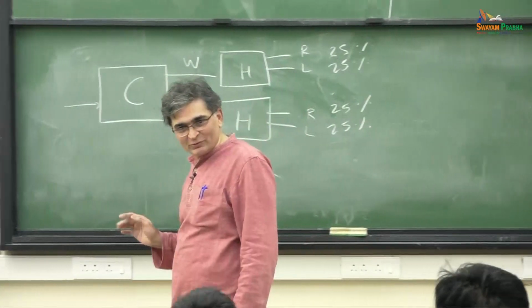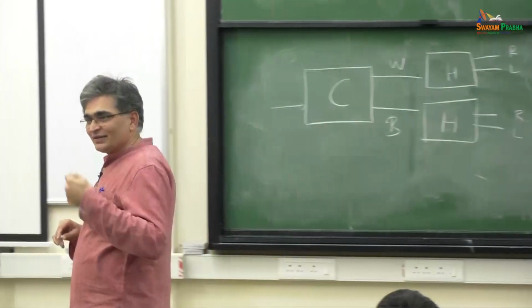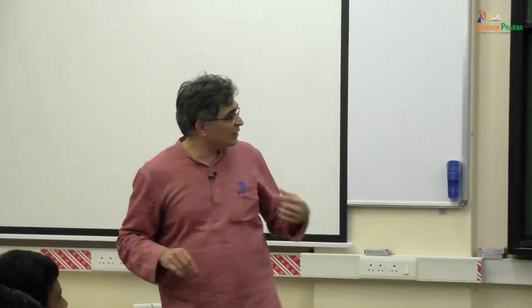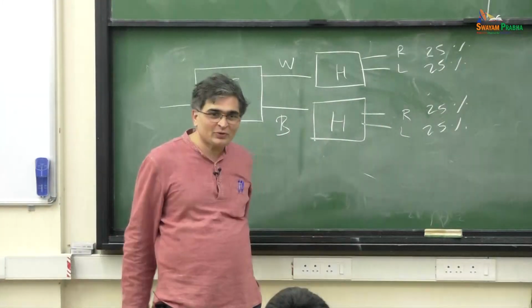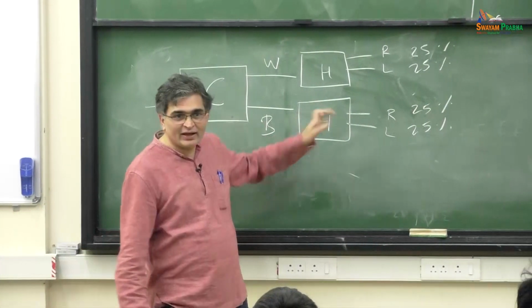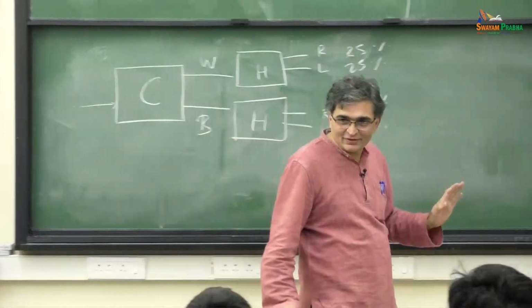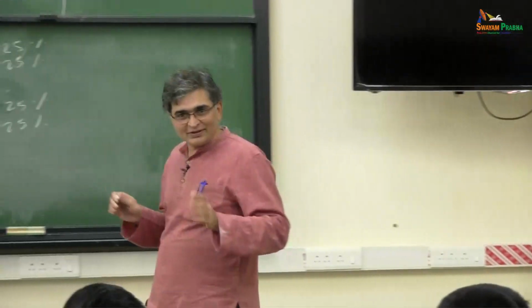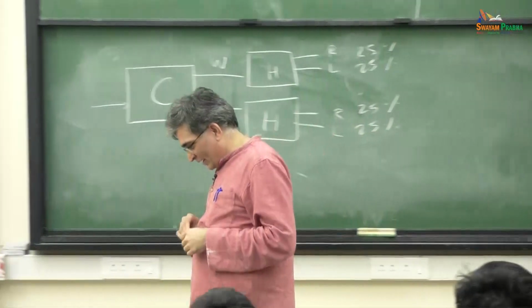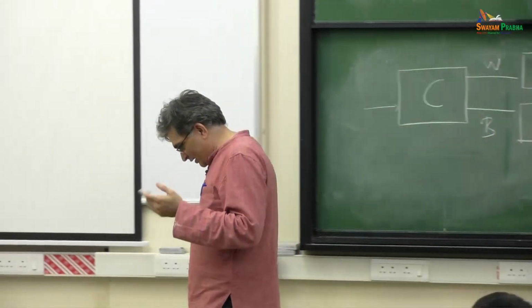If I do this experiment and this is the output that comes, then I would say that there is no correlation between the color and handedness. Agree, everybody? Or any other way you can think of where logically it can be concluded that there is no relation between handedness and color.